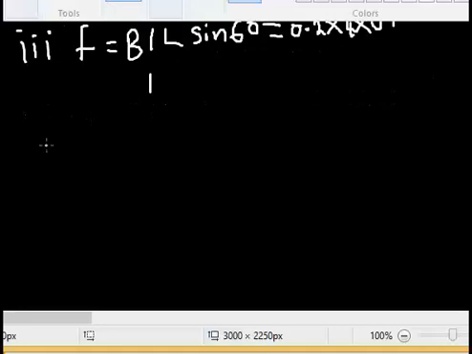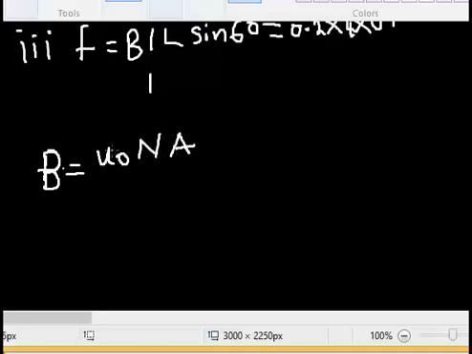The magnetic field of a solenoid coil is given by the permeability, multiplied by the number of turns per unit length of the wire, then times the current.